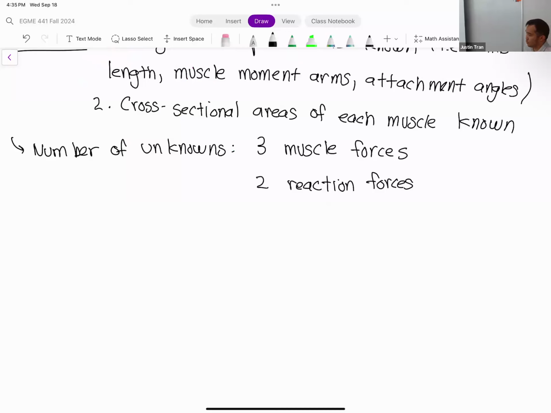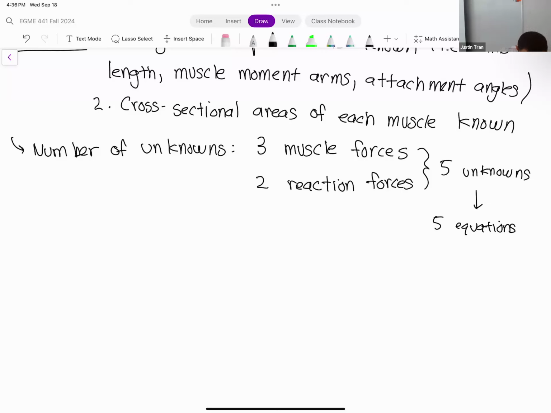So in total, we need to solve for 5 unknowns in this problem. That seems to imply that we need at least 5 equations to solve for this. So let's see how many equations we can get from the equilibrium equations.